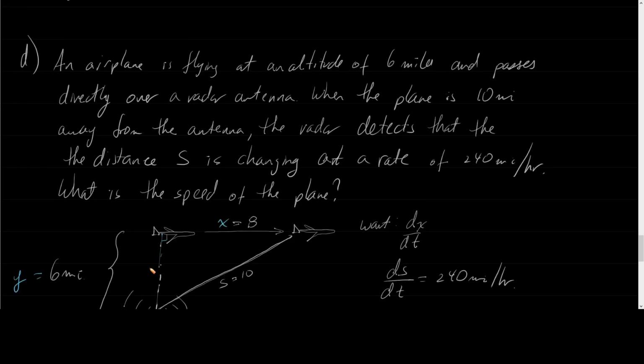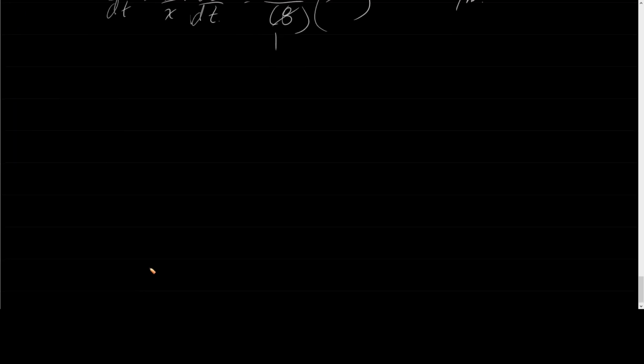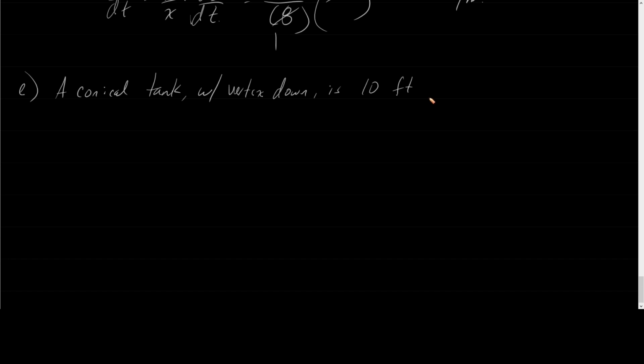So that was D. So E, a conical tank with vertex down is 10 feet across the top and 12 feet deep.